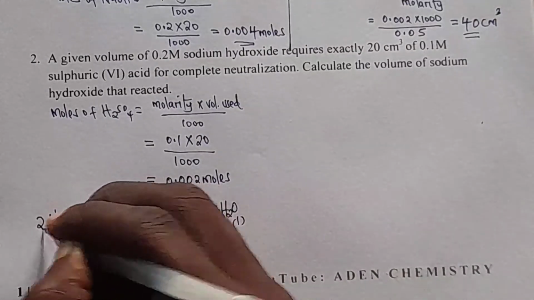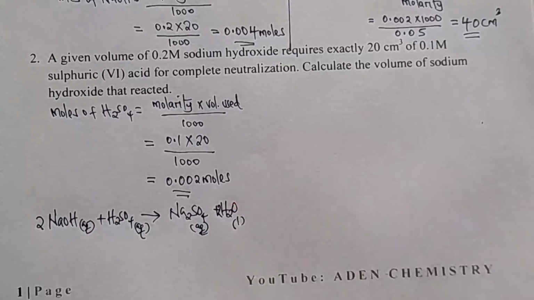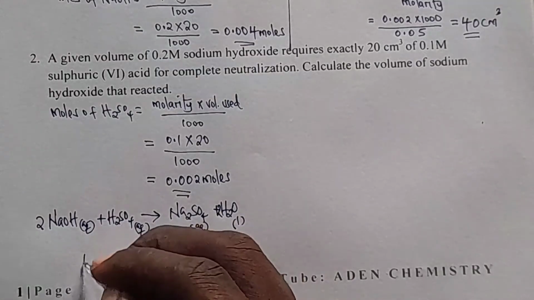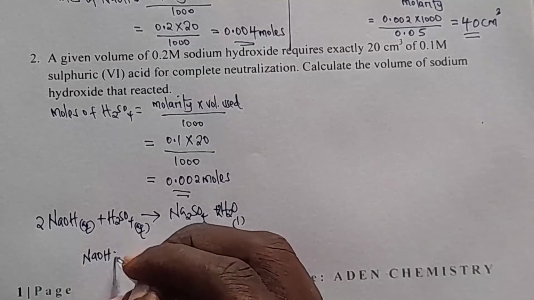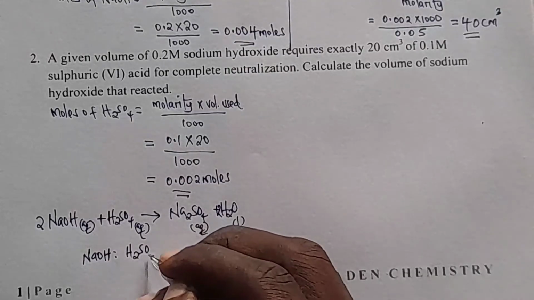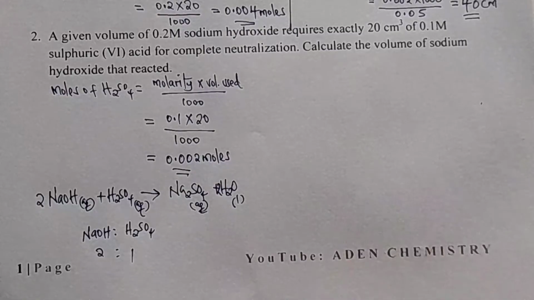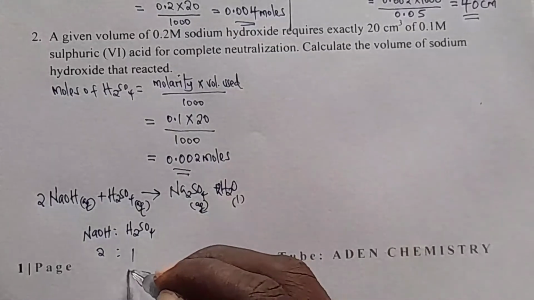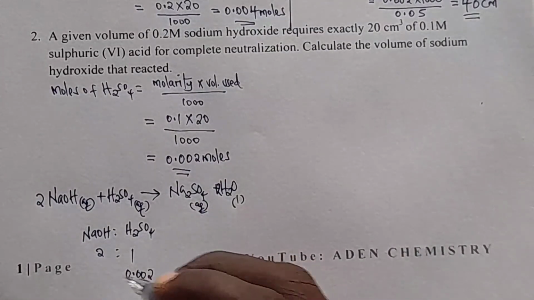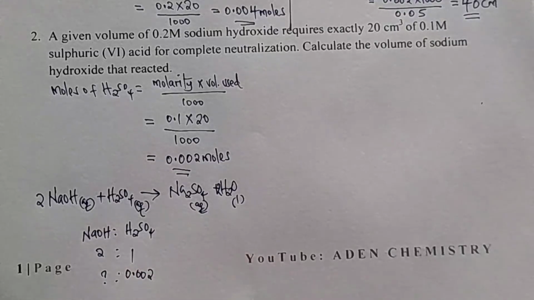To balance the equation, we put 2 there, and we also put 2 on the side of water. Now we can use the mole ratio between sodium hydroxide and sulfuric acid. It is 2:1. We know the number of moles of sulfuric acid is 0.002.